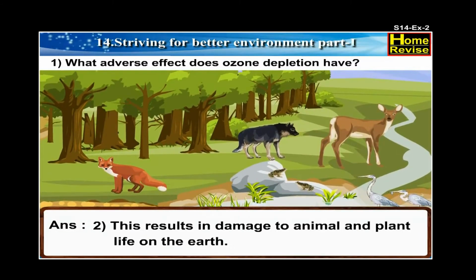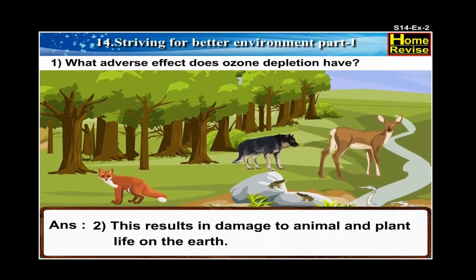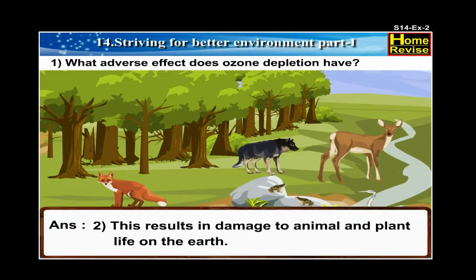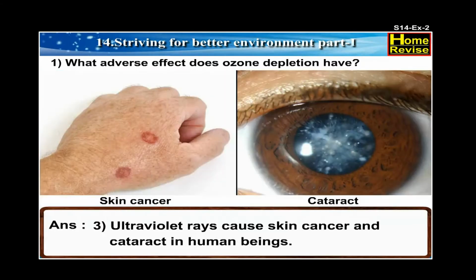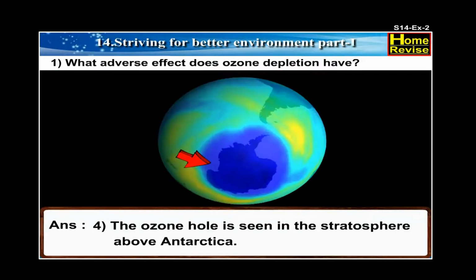This results in damage to animal and plant life on the Earth. 3. Ultraviolet rays cause skin cancer and cataract in human beings. 4. The ozone hole is seen in the stratosphere above Antarctica.